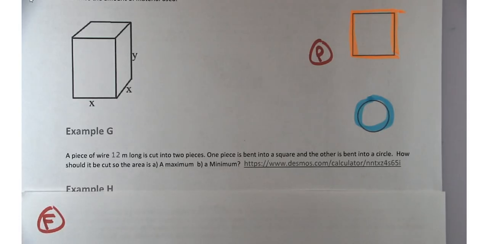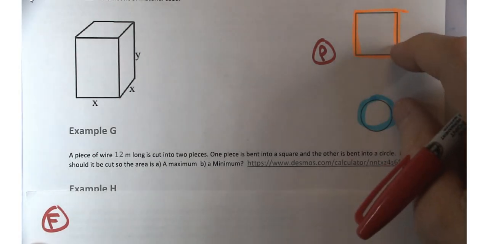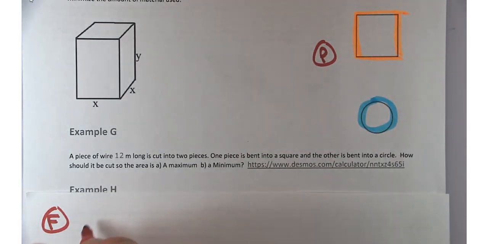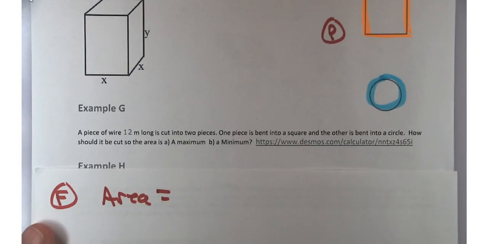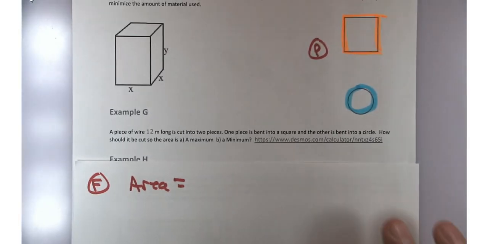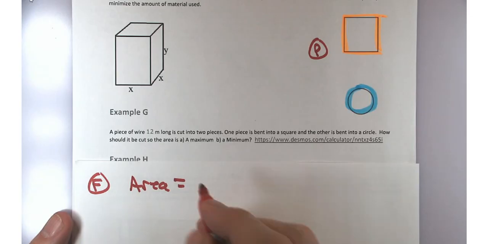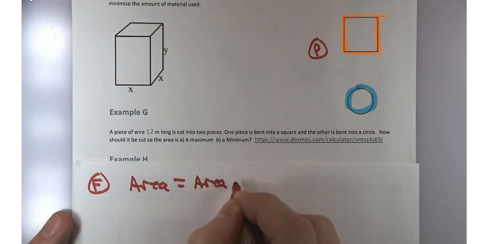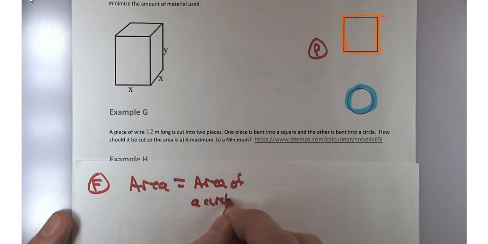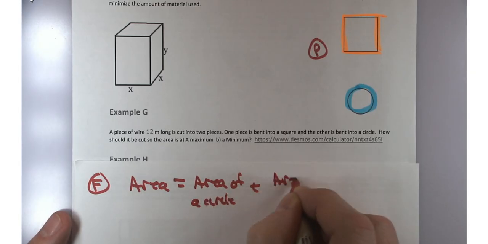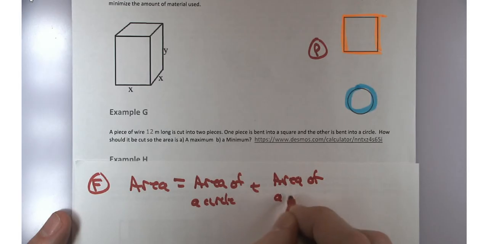You've got a total of 12 meters to work with, and I want to find the area, and I'm just going to write this in general terms to start with. And this is something I would suggest that you emulate to an extent. We want two areas. I want the area of a circle plus the area of a square.